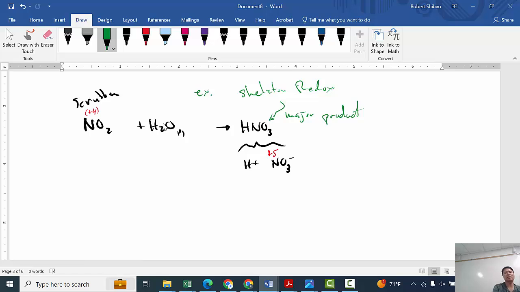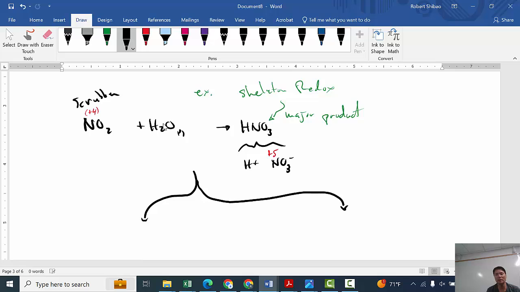And so let me talk about skeleton redox now. The method involves separating the skeleton redox into skeleton half reactions. So the first half reaction we have is NO2 goes to nitrate.